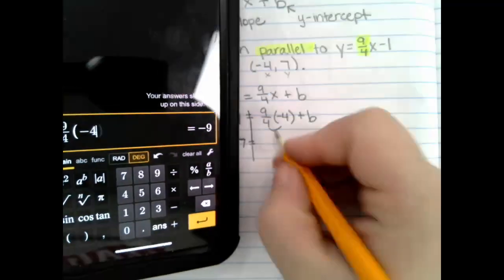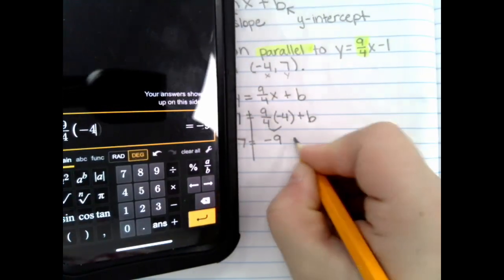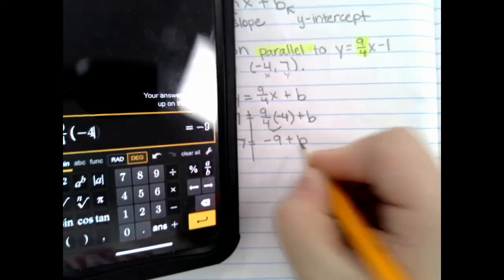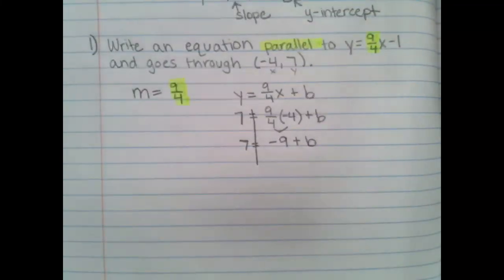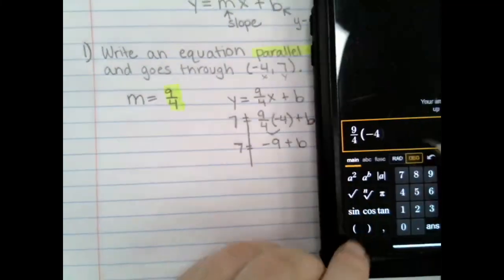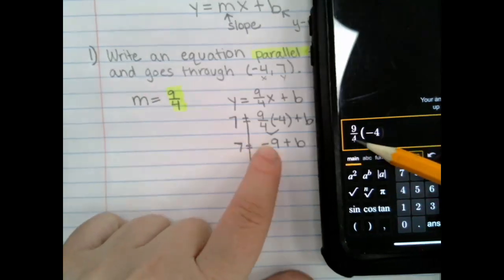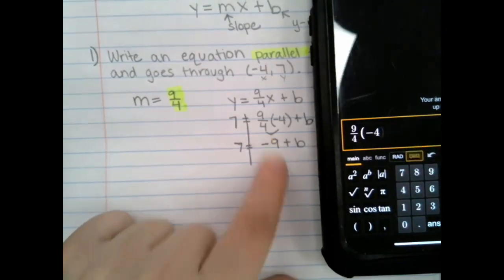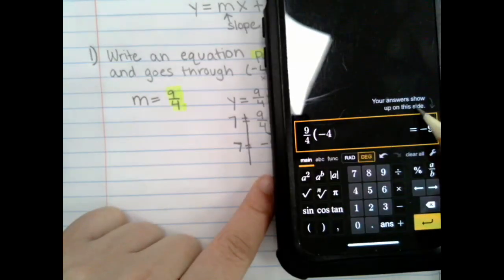So my negative 9 plus b. Again, to get that part, I just put 9/4 times negative 4 in my calculator, and we get negative 9.